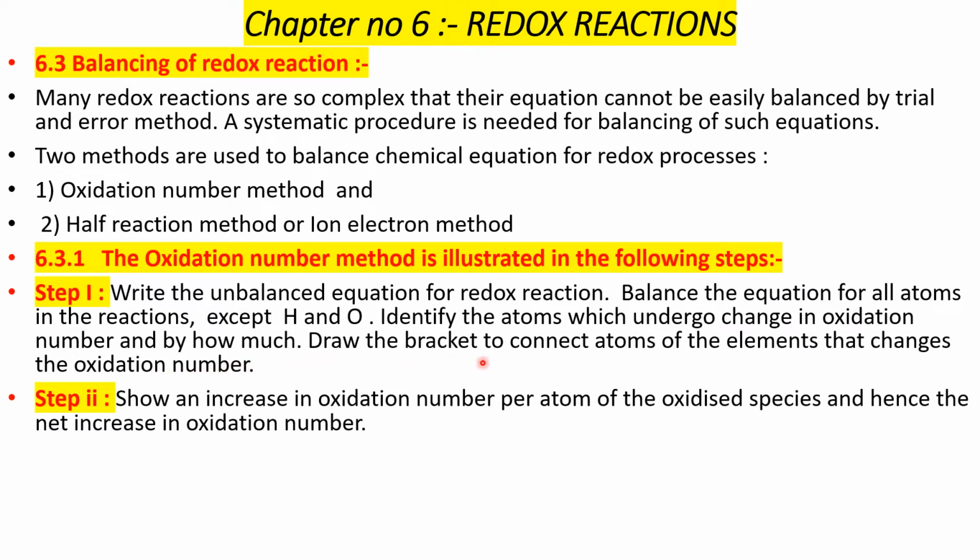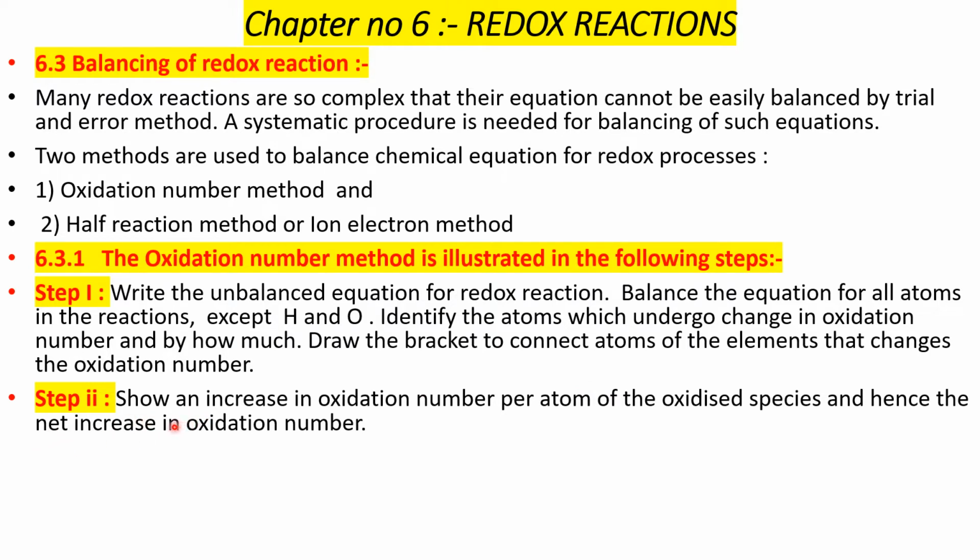Then draw the bracket to connect the atom to the elements that change the oxidation number. Okay, simple. In the first step, you write down the unbalanced reaction, balance all atoms except hydrogen and oxygen, identify the atoms which undergo change in oxidation number, and draw the brackets connecting them. Okay, after this, the next second step.